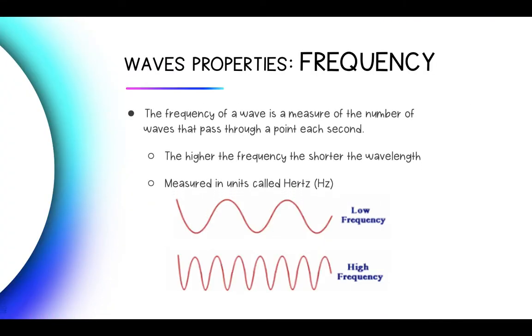All right, the next wave property we're going to talk about is frequency. The frequency of a wave is a measure of the number of waves that pass a certain point in a given amount of time, each second.